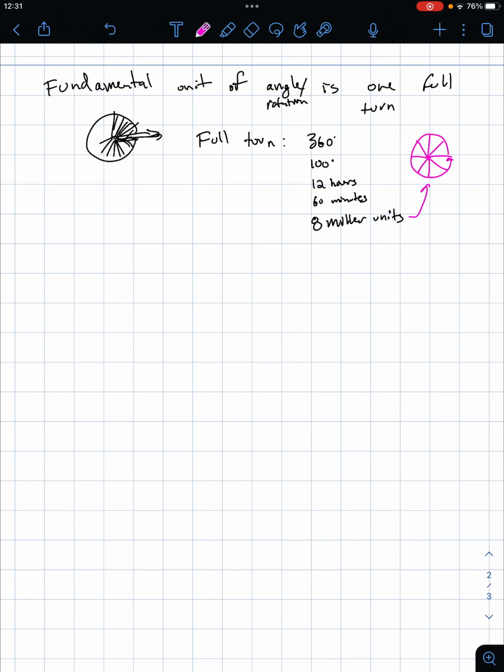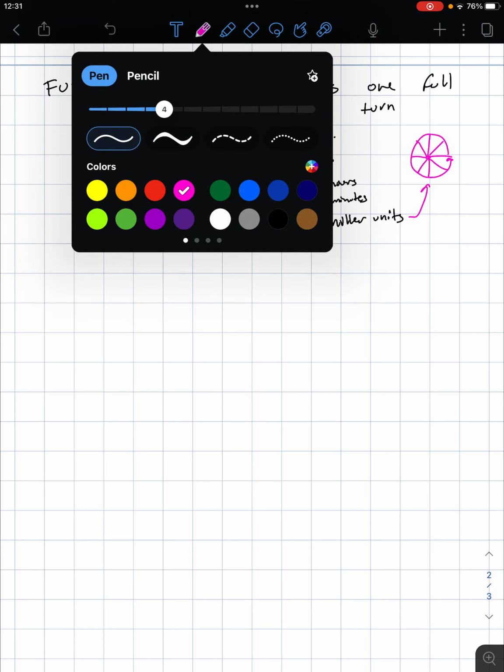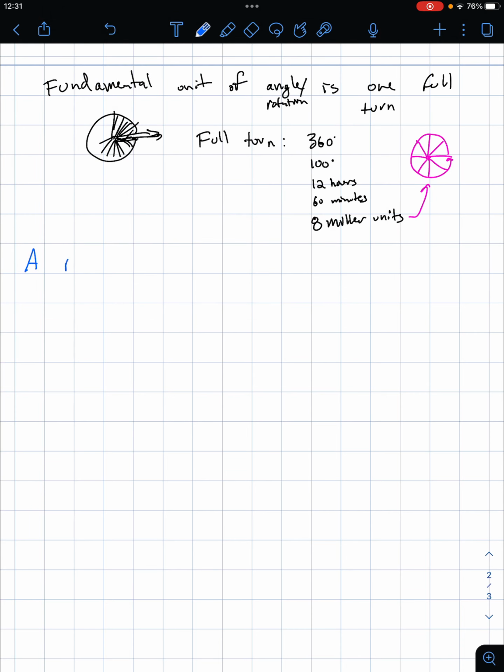But we're going to learn one that's actually used in the real world. A new, useful way to measure angles. And that is called radians. So why are we going to use radians?